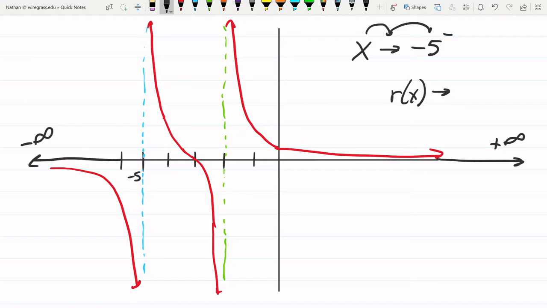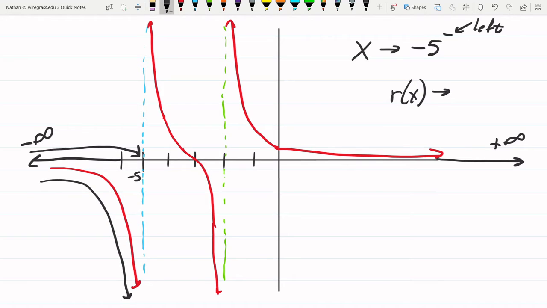approaches negative 5 from the left, the function r of x, well, x is getting closer and closer to this value on the left-hand side, and the function just shoots down towards negative infinity.